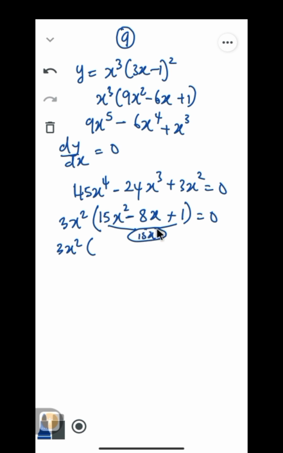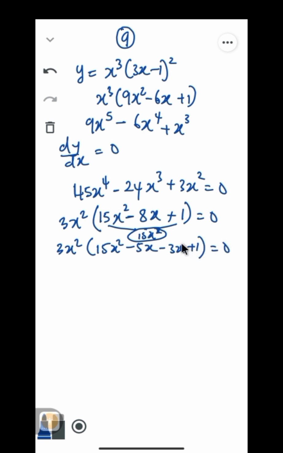I believe everybody should be conversant with how to factorize quadratic expressions. Right, so the factors of 15 that sum up to negative 8 are negative 3 and negative 5. So I'm going to use negative 3 and negative 5. Because saying 15x squared, negative 5x minus 3x, plus 1 is equal to 0.